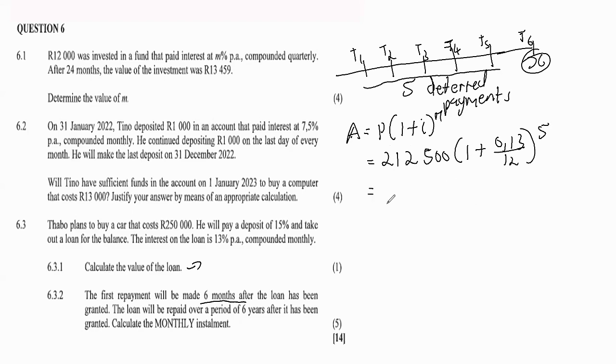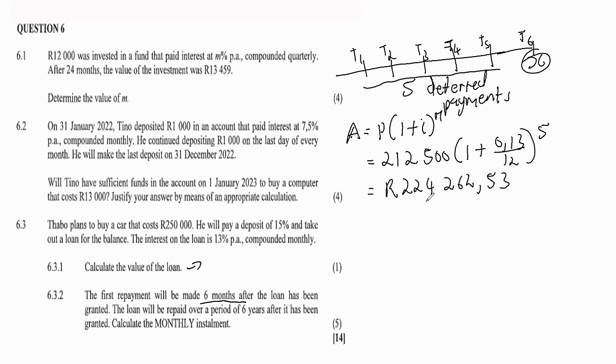So that means by the time he decides to make payments, he no longer has a value of the loan of 212,500, but now the value of his loan is 224,262.53. So this is the present value that he'll be starting with when now he's ready to make payments.